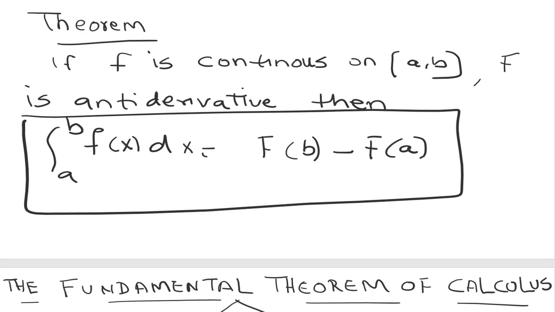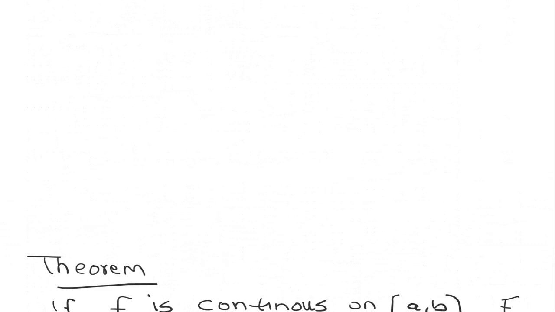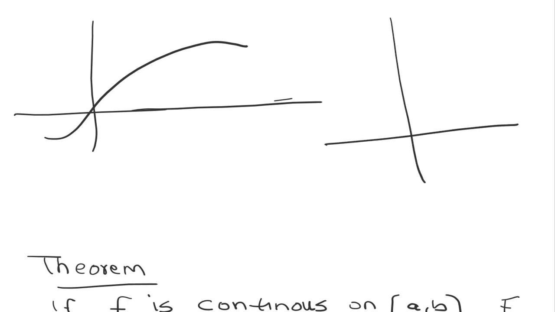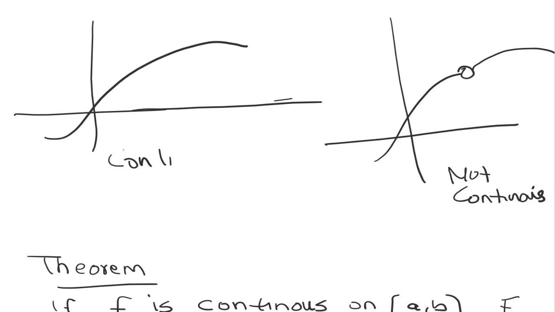The theorem states that f is continuous on a closed interval. What is a continuous function? If I have a graph like this, it is said to be continuous, whereas if I have another graph where there is a break, it is not continuous. This one is continuous because I can draw the graph without lifting my hand, but in this case I have to lift my hand, so this is not continuous.